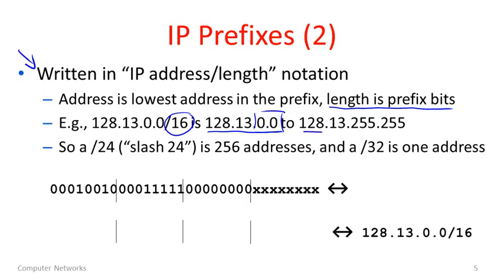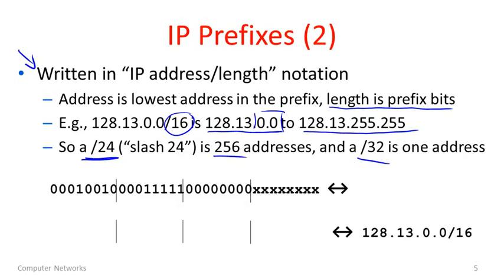So you can see when I do that, I get to 128.13.255.255. This is how you pronounce something like a /24, or a /16 for instance. As I said previously, a /24 will have the last 8 bits free, so it'll have 2 to the 8 or 256 addresses. Similarly, a /32 really means one address.